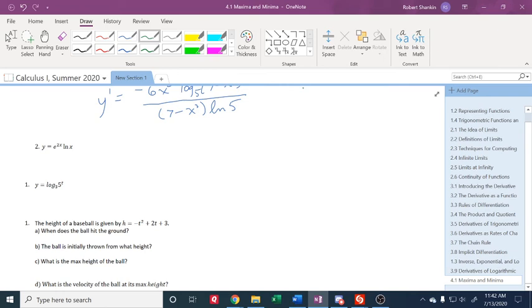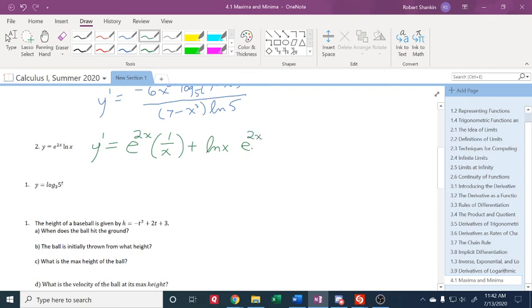Okay, anybody need more time? So, y prime, it's a product rule. First times the derivative of the second plus the second times the derivative of the first. E to any power is e to that power.